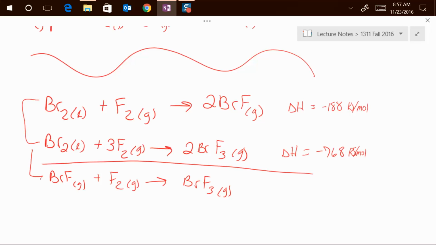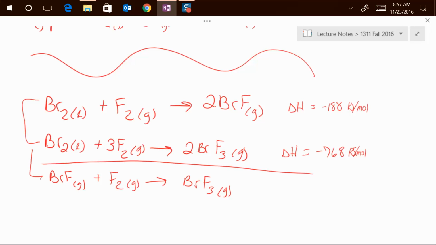On the top one should be BrF. No, it's BrF. Yeah, this BrF is going to react with F2 to become BrF3. Okay.